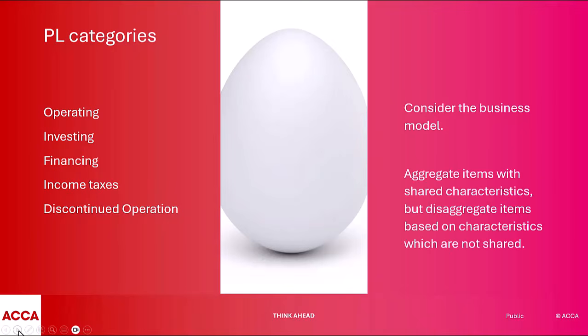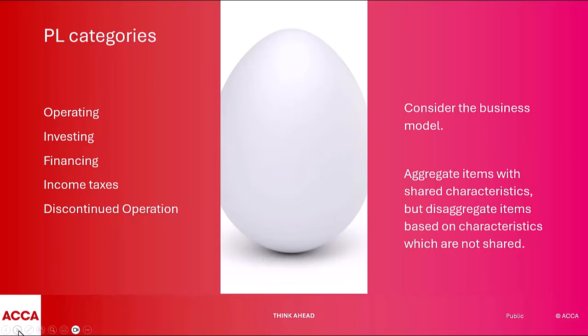I also just want to flag up about aggregating items which have dissimilar characteristics. You shouldn't do it. So you might have in operating, let me give you an example, things like administration expenses, wages, depreciation, etc. But they are fundamentally different from buying and selling, the purchase of goods.